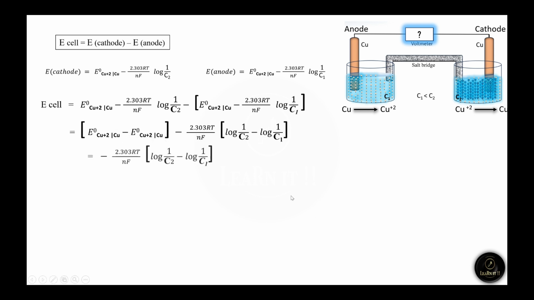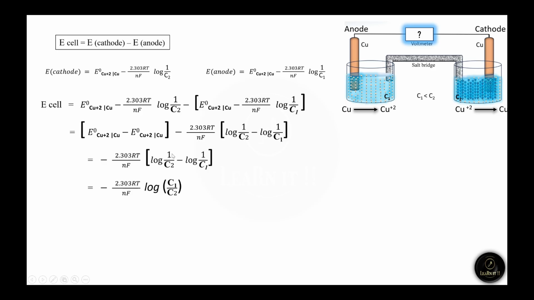The E naught of Cu plus 2 terms get cancelled. So minus 2.303 RT divided by NF into bracket log of 1 by C2 minus log of 1 by C1.